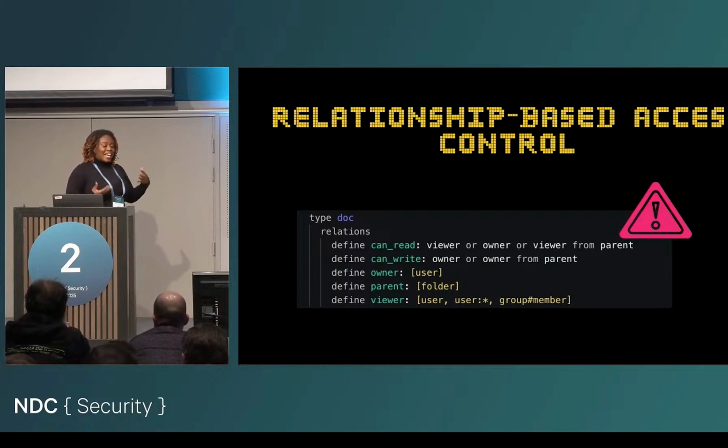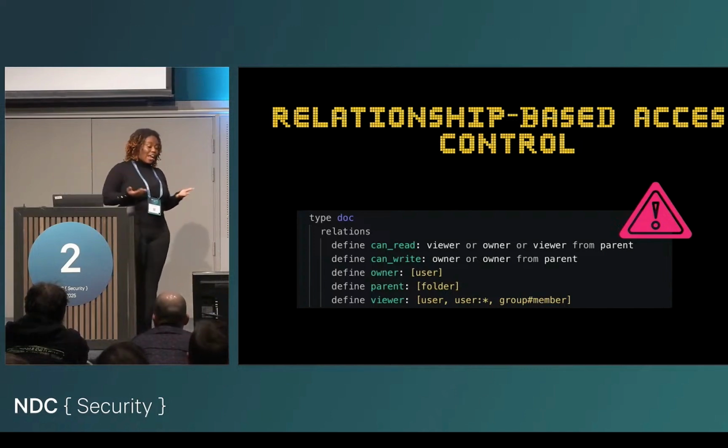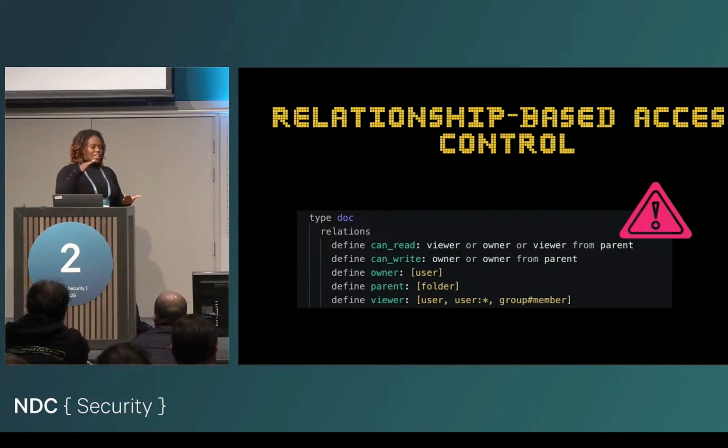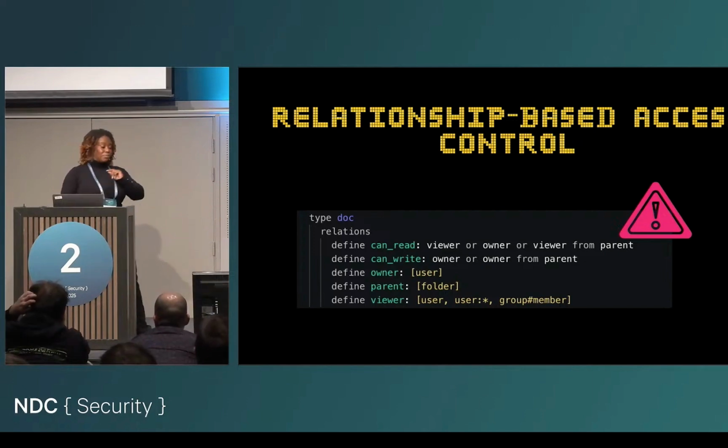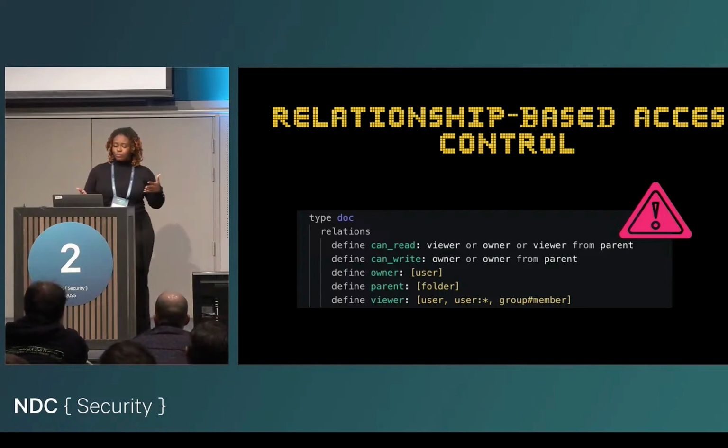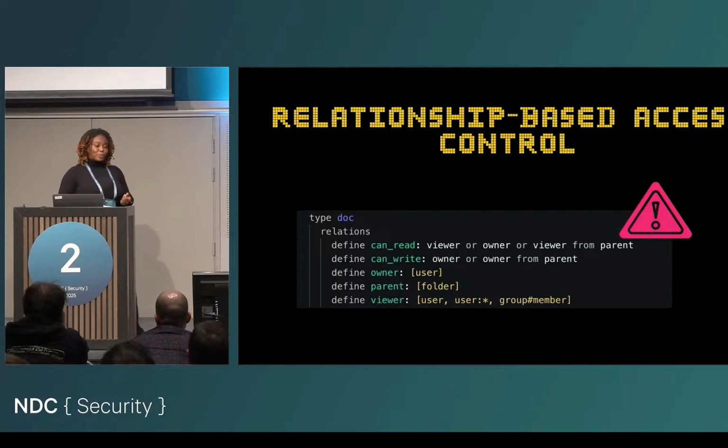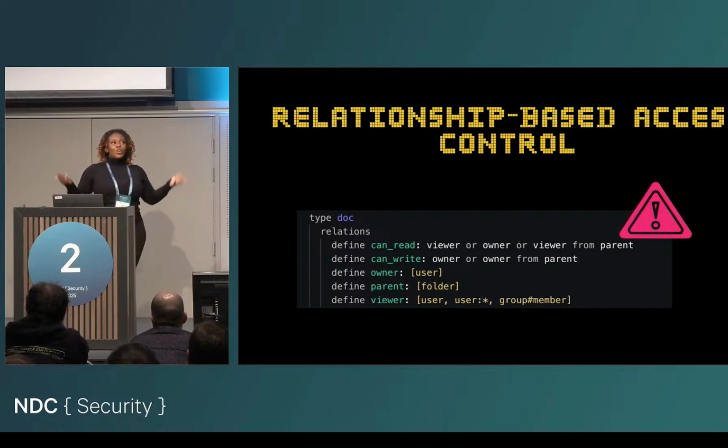So we don't really care about the roles that Alice possesses or the permissions or attributes that she has either. When we look at the document, we can tell what can be done with it. And in this case, the actions are can read, can write, and then we also have some relationships defined. So we've got owner, we've got parent, and we've got viewer. Okay, so who can read the document?